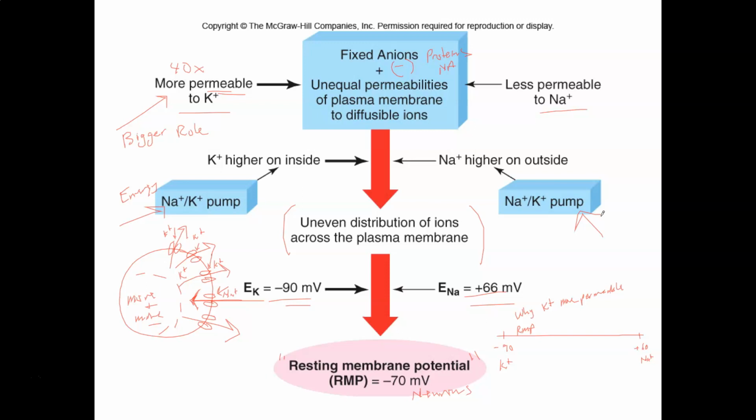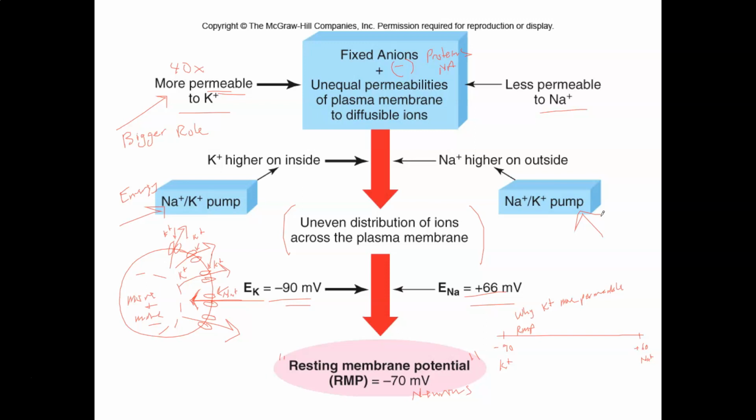So the sodium-potassium pump spends energy. It pumps 3 sodiums out for every 2 potassiums that come in, and this maintains the concentration gradients so that we can keep sodium and potassium moving across the plasma membrane of cells.